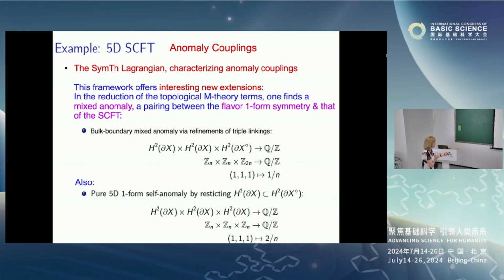And these anomaly terms are forced to be rational, to map into rational numbers of a specific kind. Okay? And furthermore, we also see the pure one-form self-anomaly associated with just the superconformal field theory one-forms. That also has a specific map into rational numbers that we further have to quantify and really determine that this is the case.